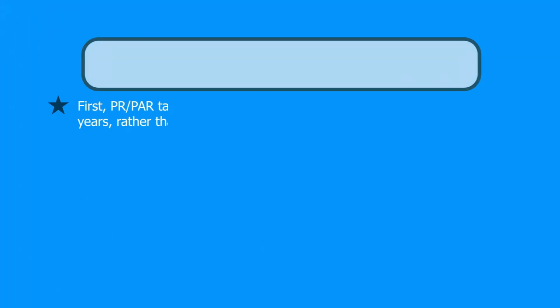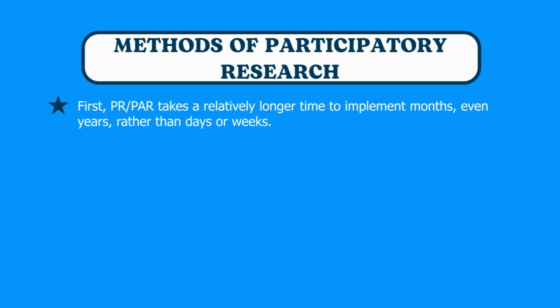One can always go and look further into this debate by looking at a quite different tradition, participatory action research or participatory research, both workshop and field work, but with two elements that make it distinct from other approaches. First, participatory research or participatory action research takes a relatively longer time to implement, months, even years, rather than days or weeks.